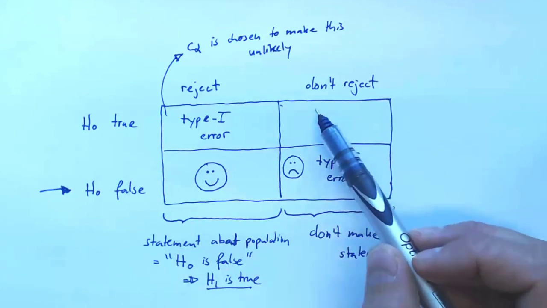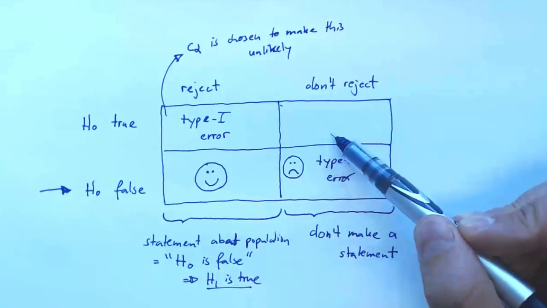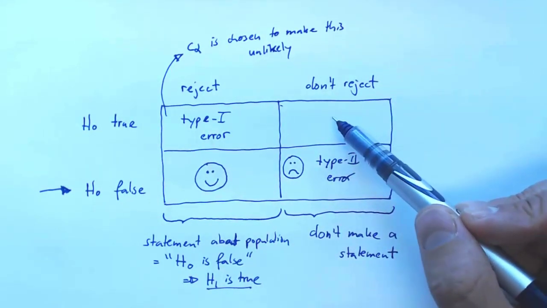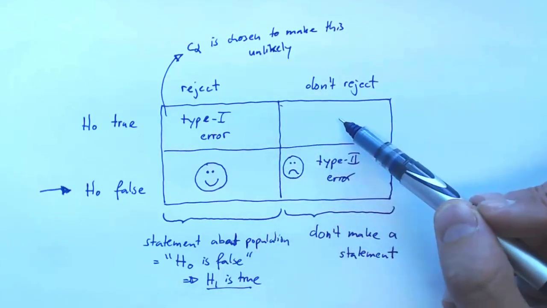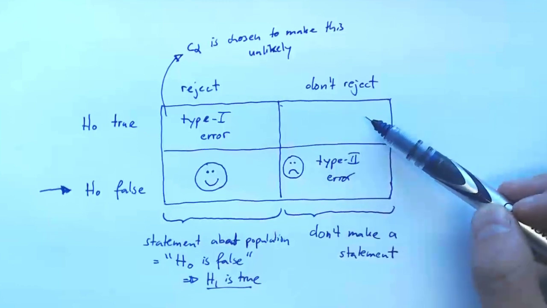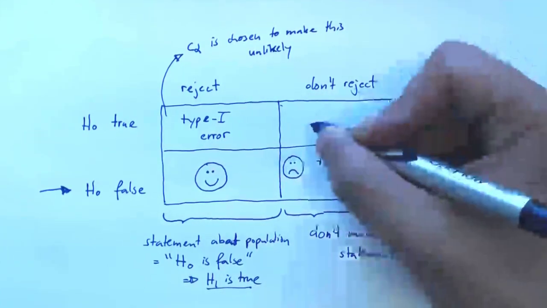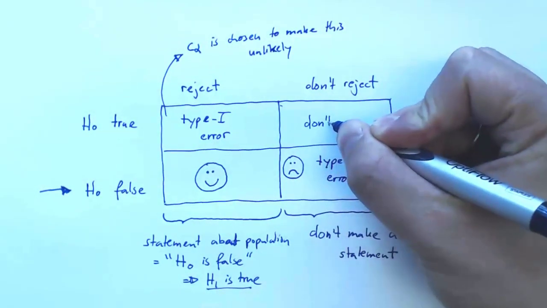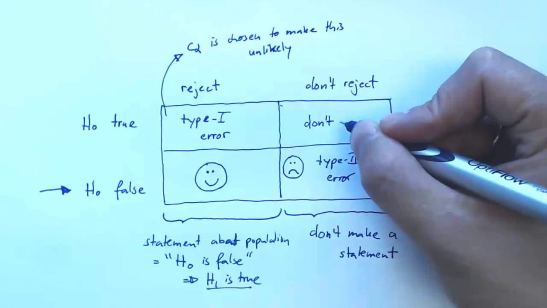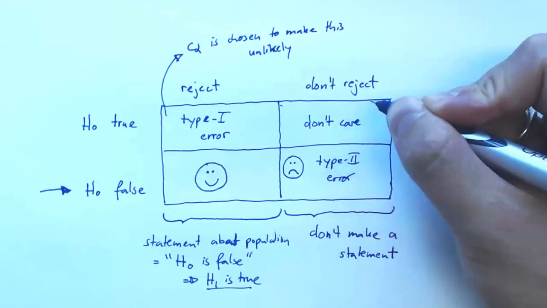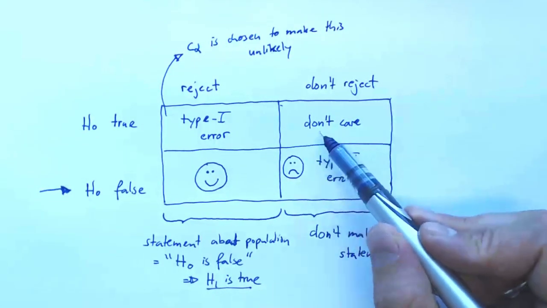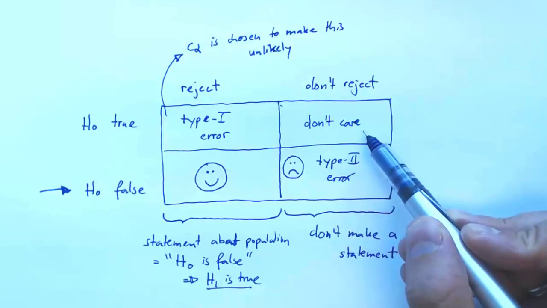If we're interested in this scenario, we should reformulate our null hypothesis and use a different test. But if we have chosen our null hypothesis correctly so that it really reflects what we want to learn, then we just don't care what we do up here. We don't care about the scenario. It's okay not to say anything.